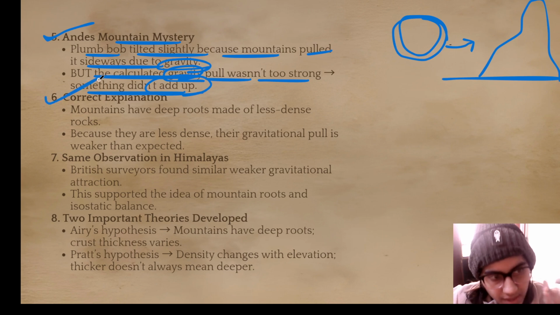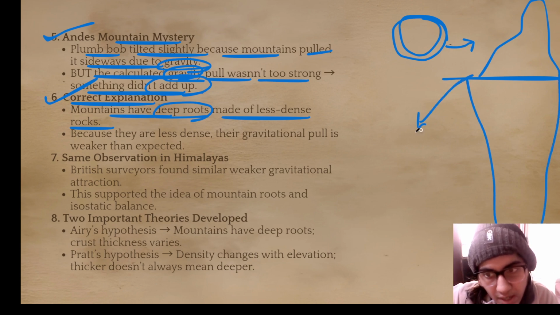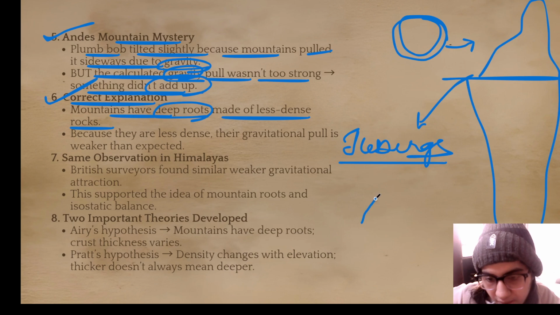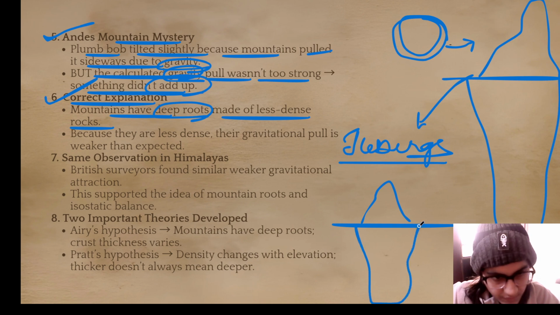The correct explanation is that the mountains have deep roots made up of less dense rocks. You can think of it like icebergs. If you see icebergs, they are very small above the surface and very large below the surface. The same applies to the mountains.